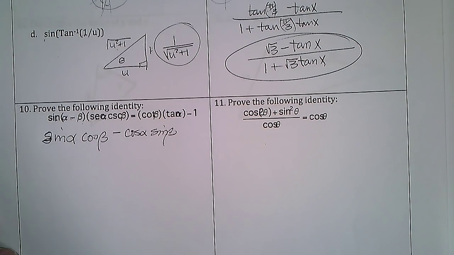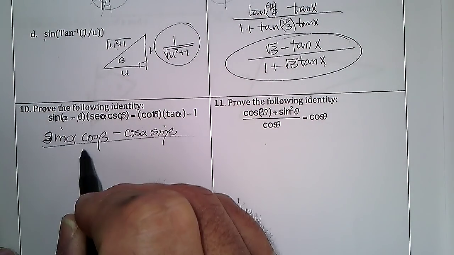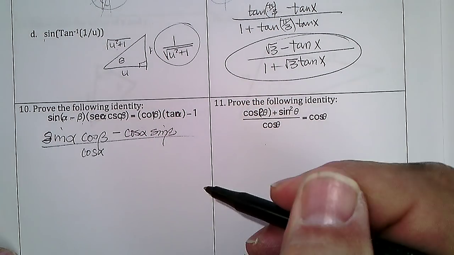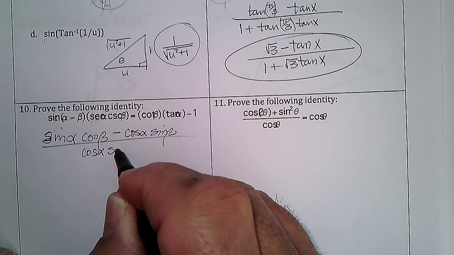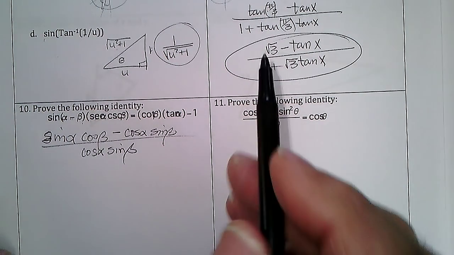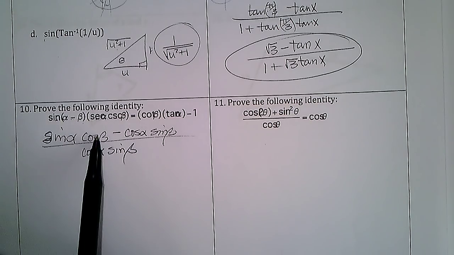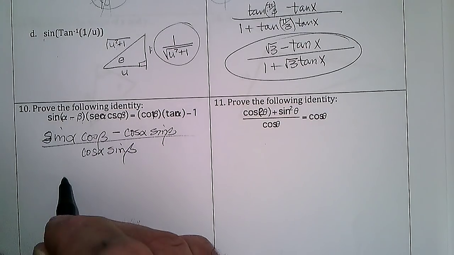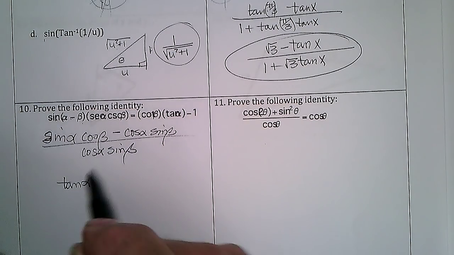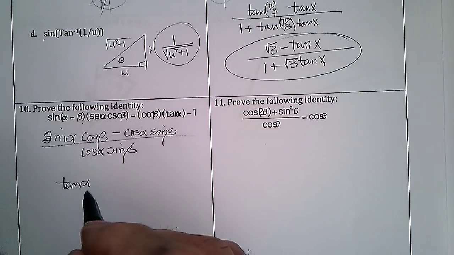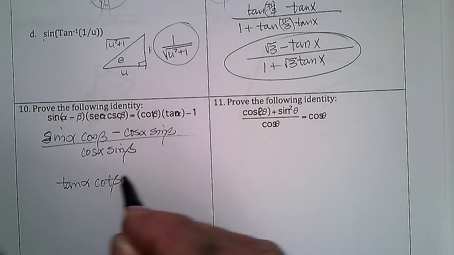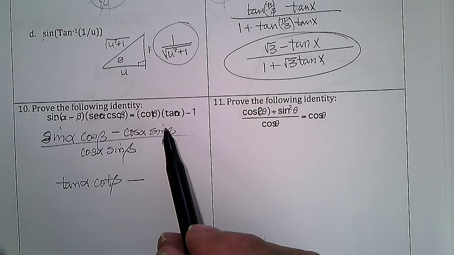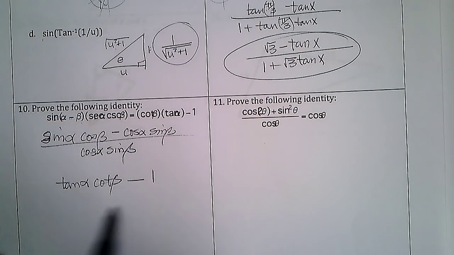So secant alpha is 1 over cosine. So that would go in the denominator. And cosecant beta, so that's 1 over sine. So that would go in the denominator, sine beta. So I put this under this, I would get sine over cosine of alpha, which is tangent alpha. And cosine beta over sine beta, that would be cotangent beta. Minus, and then cosine over cosine would be 1, and sine over sine would be 1, so minus 1.